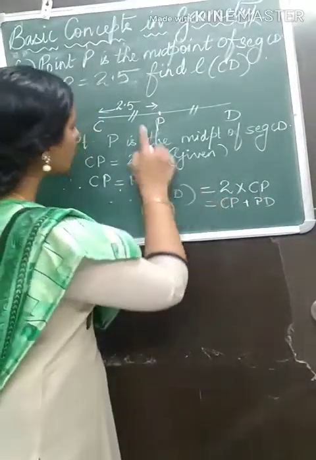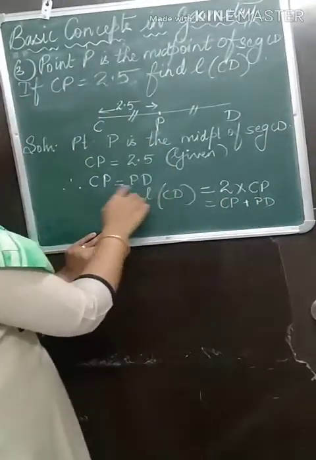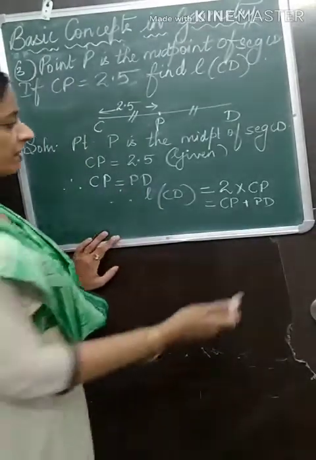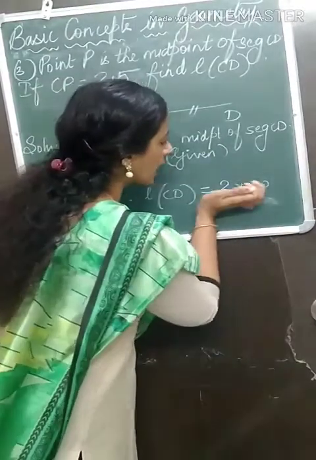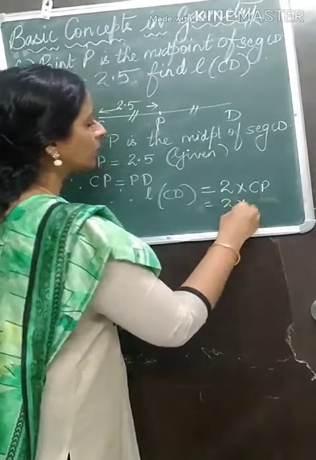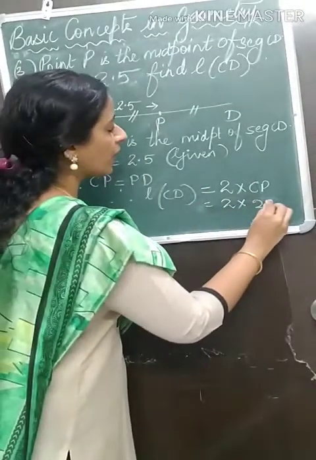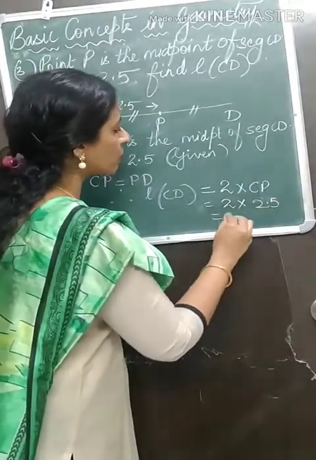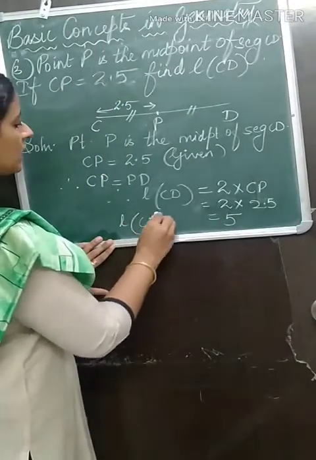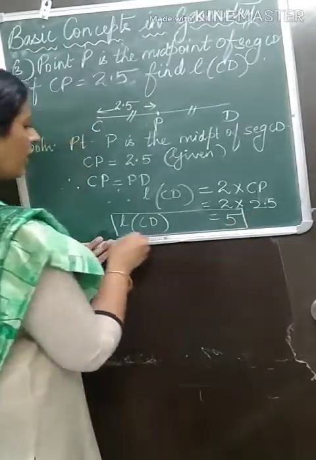If CP is 2.5, PD will also be 2.5, and 2.5 plus 2.5 will be 5. That way also you can solve. Now here I wrote 2 into CP. So 2 into 2.5 is equal to 5. So we got the length of CD is equal to 5 units.